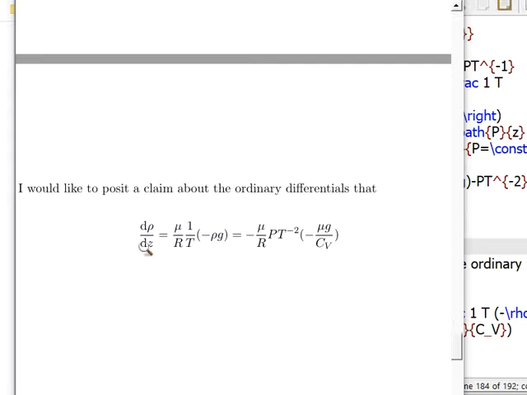And then we'll have the variation of density with height is equal to mu over RT, or negative mu rho g over RT, but it is also equal to negative mu pt squared. I guess, does this come out to be a positive? That's weird.